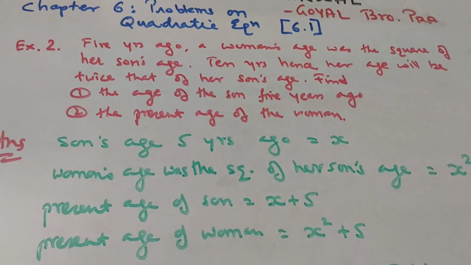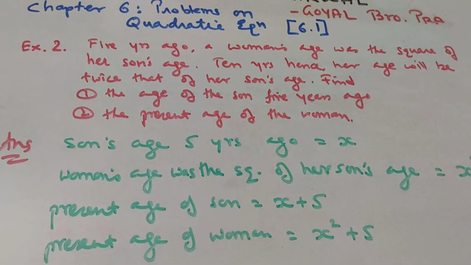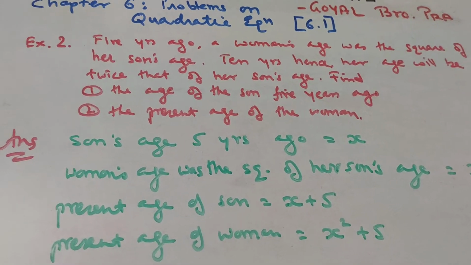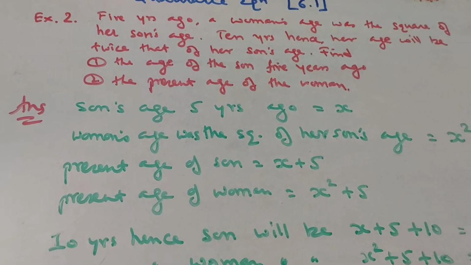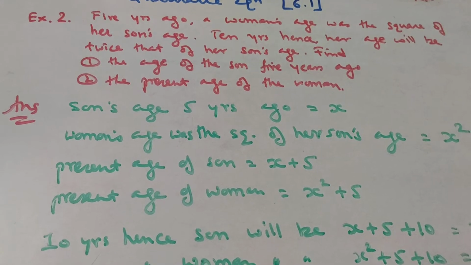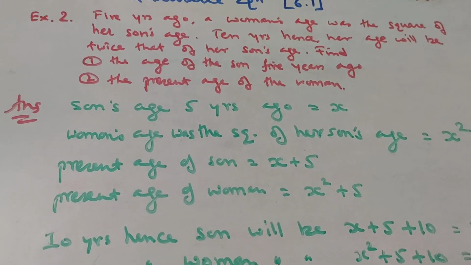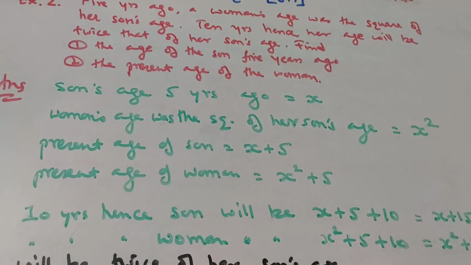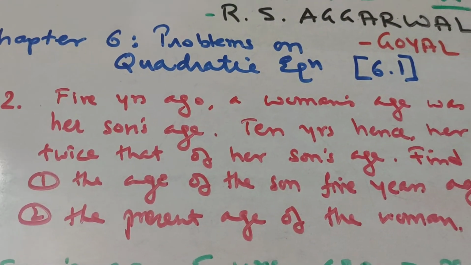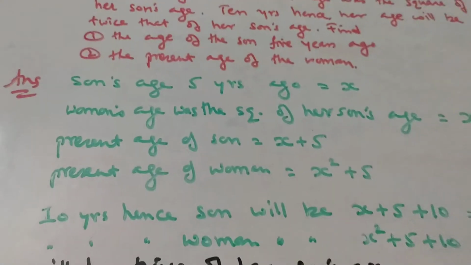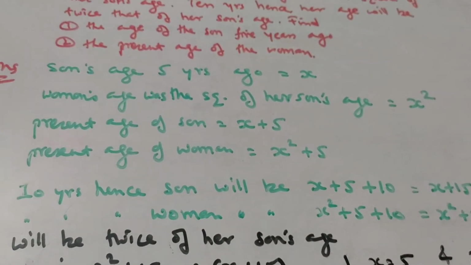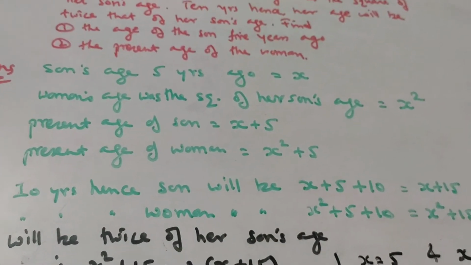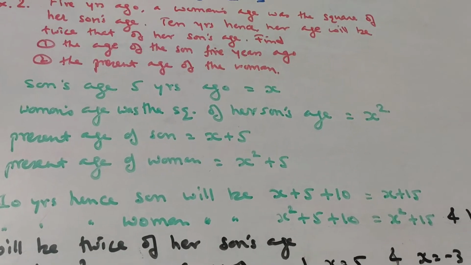Present age of the son is x plus 5, while the present age of the woman is x square plus 5. Then we go for the future, that is 10 years. Son's age will be x plus 5 plus 10, that is x plus 15, while the woman's age will be twice that of her son's age. So woman's age is x square plus 5 plus 10, because it is talking about after 10 years.